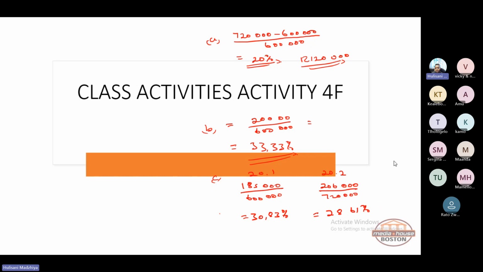So here we're going to have what we call our expenses expressed as a percentage of sales. Meaning that during the year 2001, for us to generate a revenue of 600,000, the expenses contributed 30.83% of these total sales.